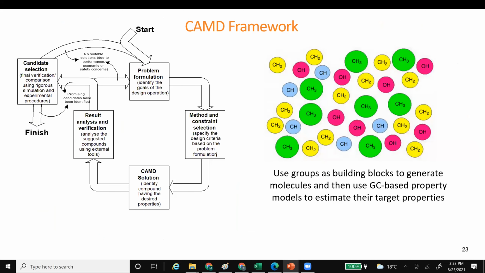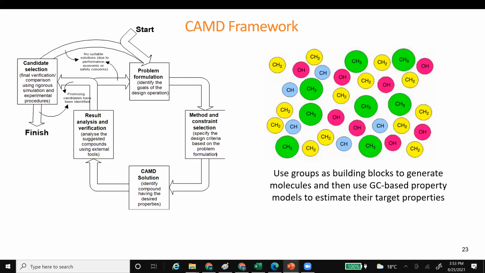So just to show you again how this CMD works as a framework, we start by telling what kind of problem we want to solve, what kind of target properties we want to match, what kind of target properties we do not want to match, which functions we want to improve as an objective function, and so on.